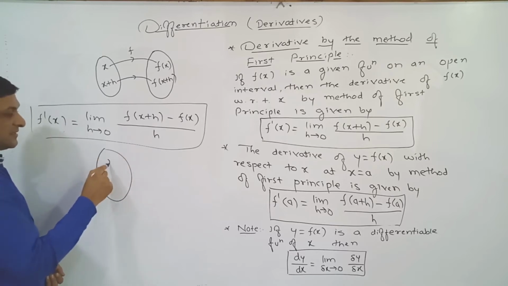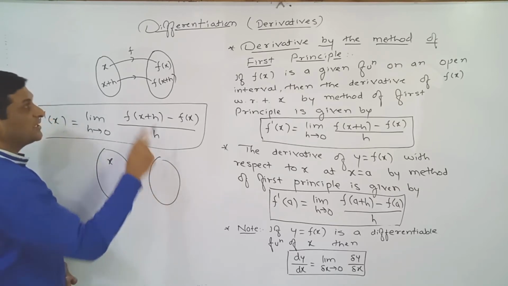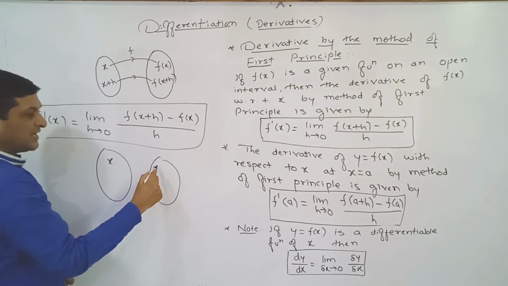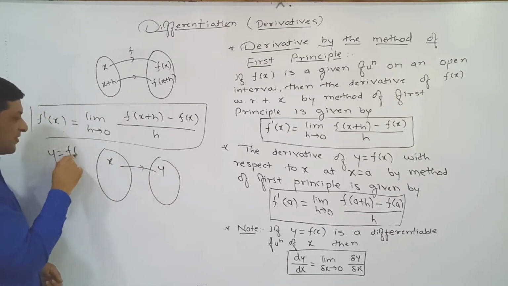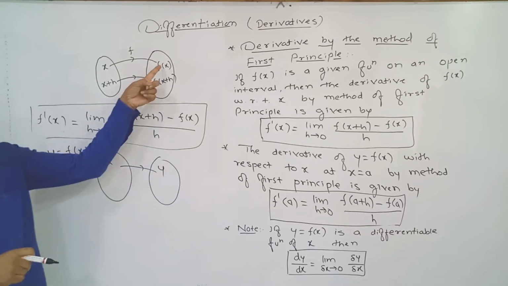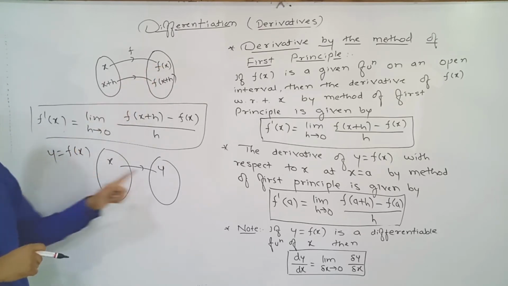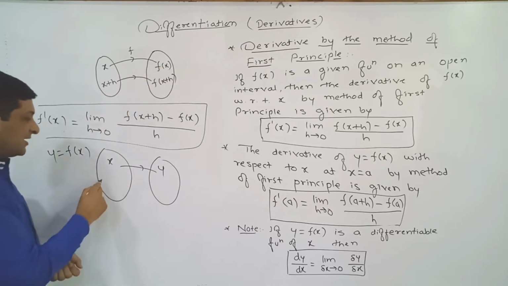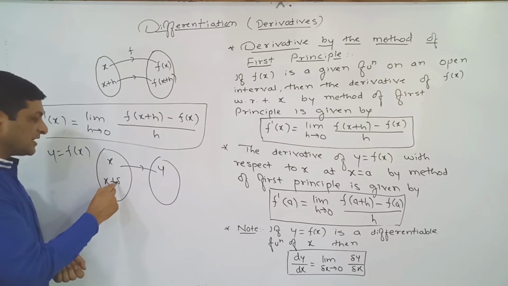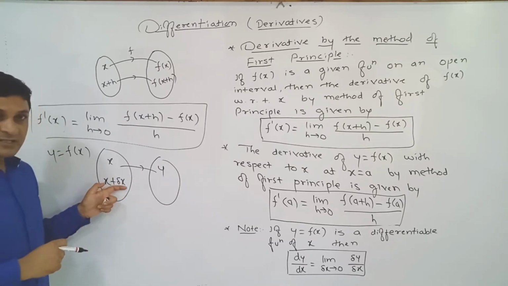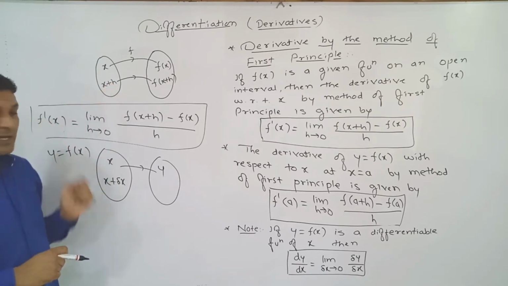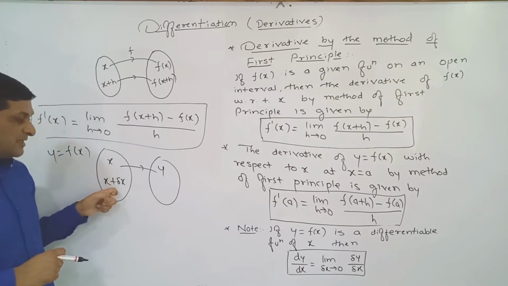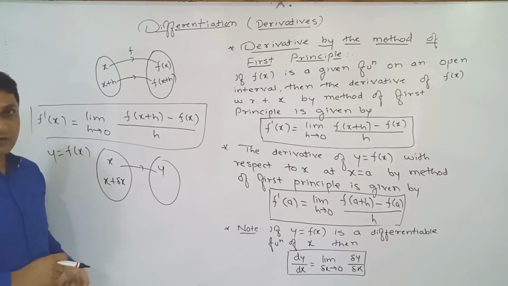So let us denote the image of x under the function f by y. So here we can say that y is equal to f of x, meaning instead of f of x, the function we have denoted by y. So the increment in the value of x is denoted by delta x. Here increment we have denoted by h, but instead of h, increment in the value of x will be denoted by delta x.